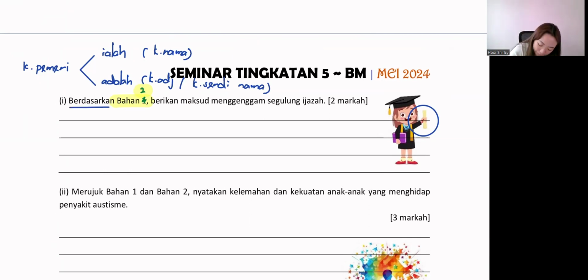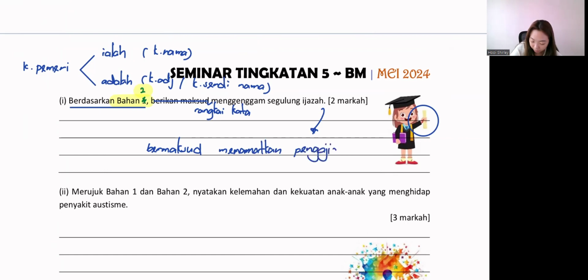So berdasarkan bahan 2, rangkai kata menggenggam segulung ijazah bermaksud menamatkan pengajian di universiti.